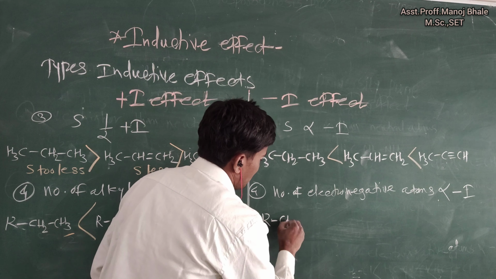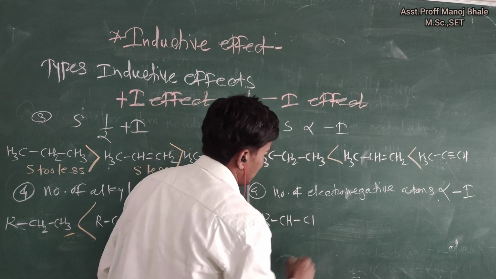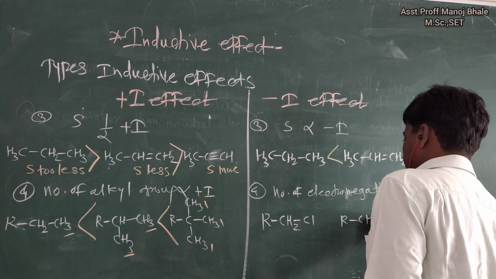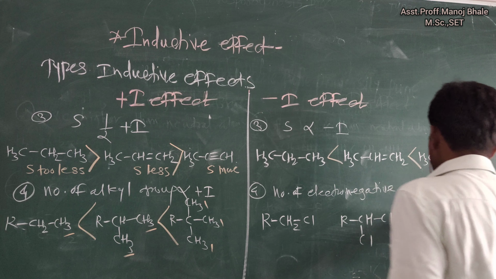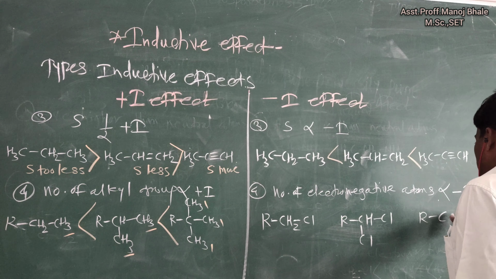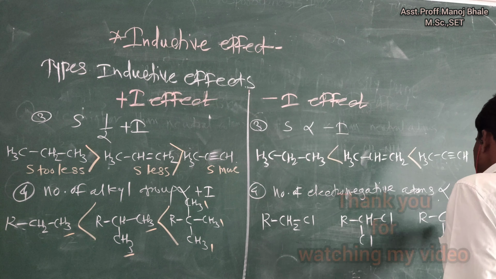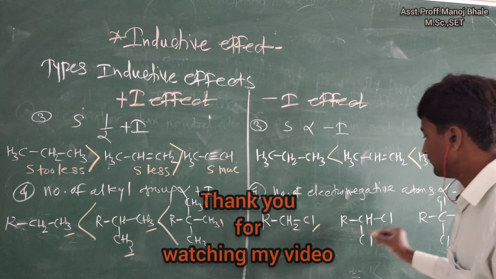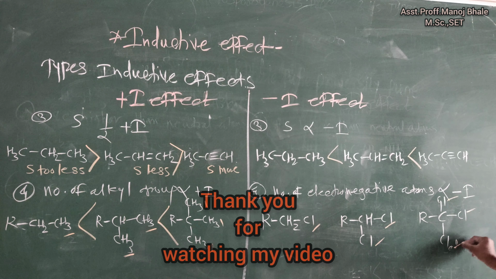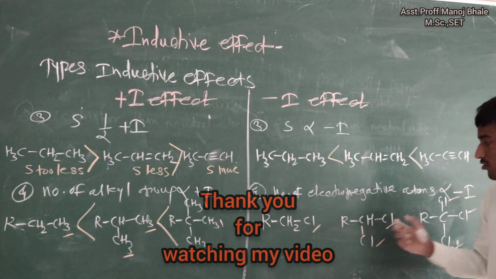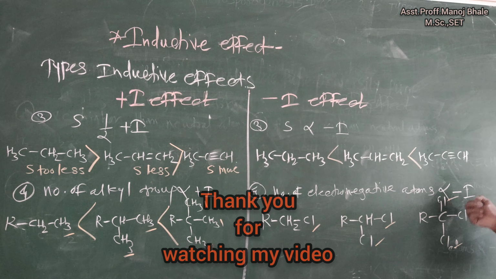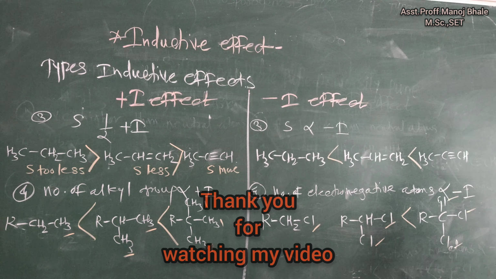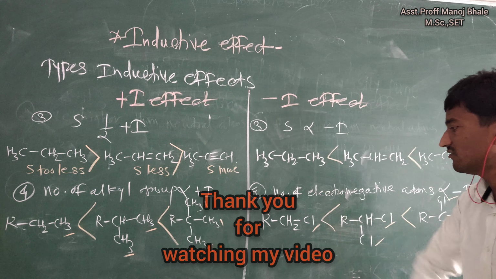For example, R CH2 Cl, second example R CH Cl Cl, and third R C Cl Cl Cl. One electronegative atom, two electronegative atoms, and three electronegative atoms. So the more electronegative atoms, the greater the minus effect. The order of the minus effect is greater in the third example as compared to the second and the first.